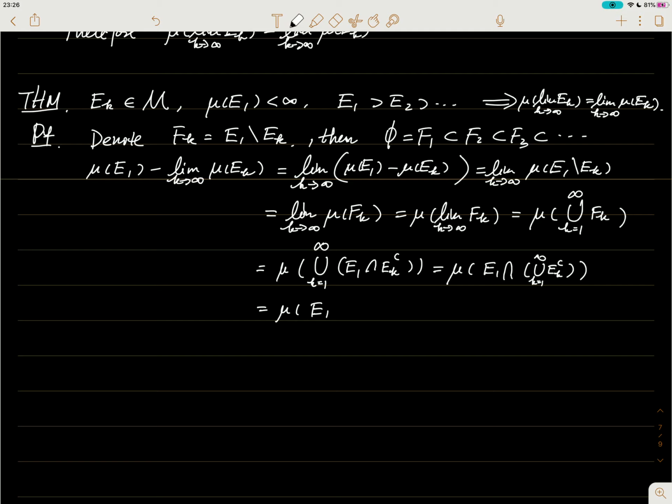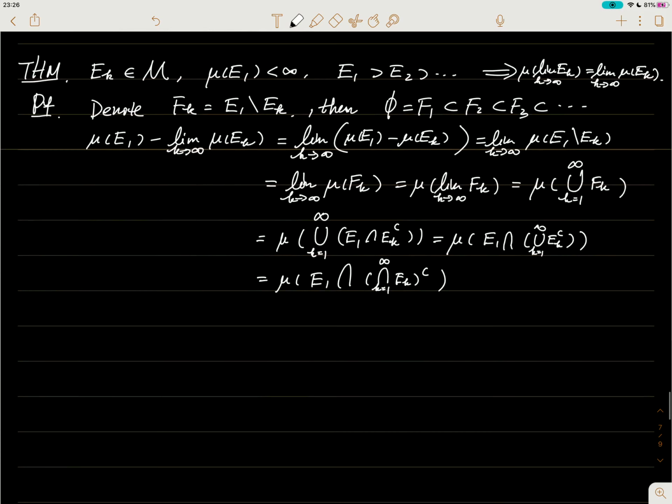And that's equal to the mu of E1. Using De Morgan's law, this is just the intersection of these Eks, the complement. Right? And then because it's the intersection of E1 with a complement of something, this is just equal to mu of E1 minus the intersection of those Eks.